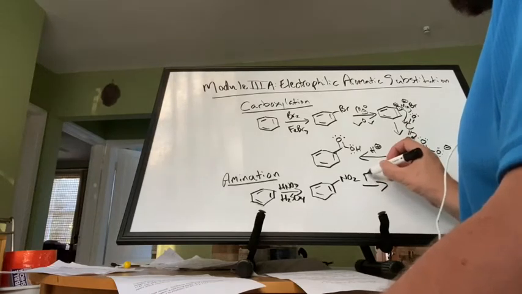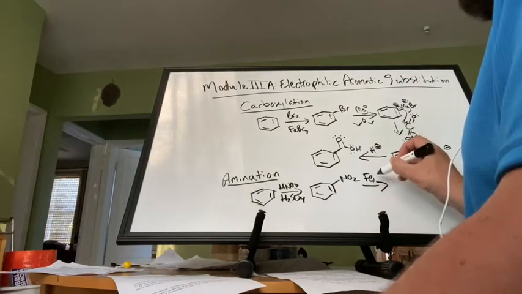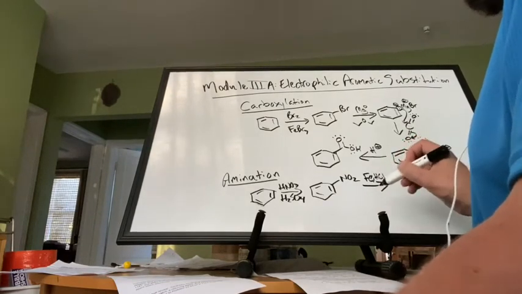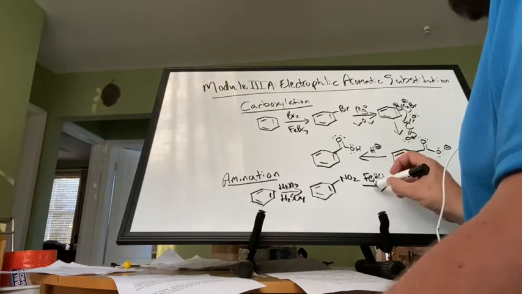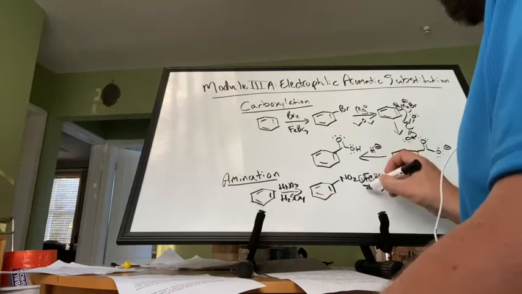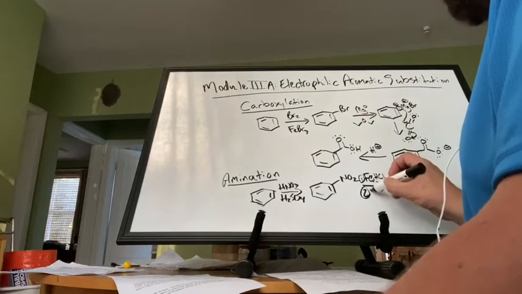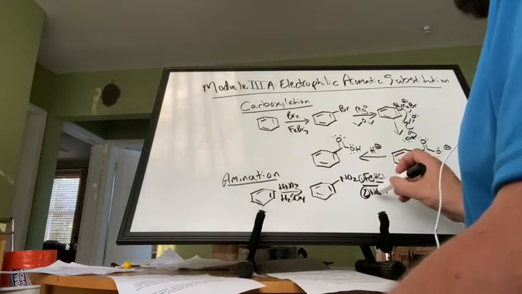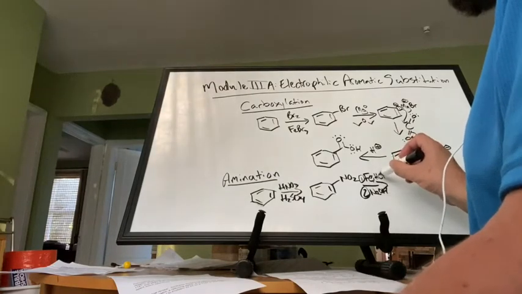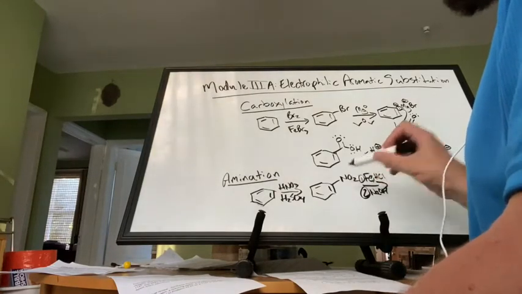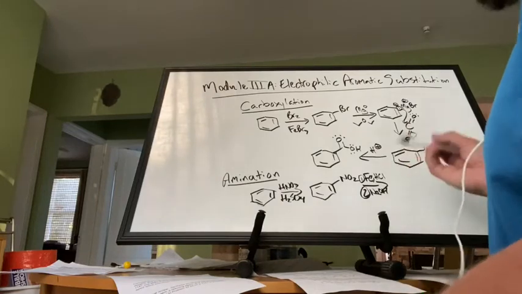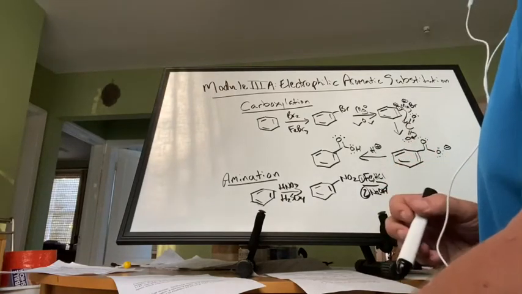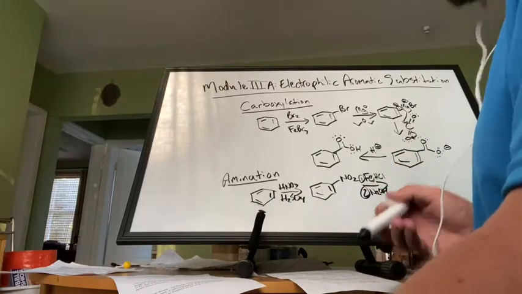So if you use iron and HCl and then follow it up with a little bit of base, the reason why you would follow it up with base is that if you use HCl and you reduce this to an NH2, remember that primary amines are going to be weak bases.